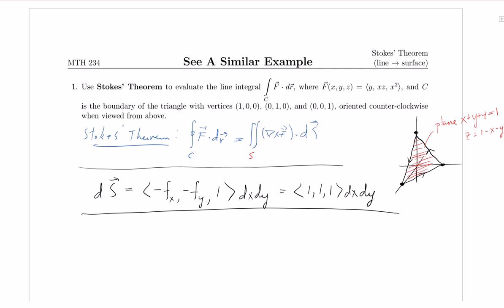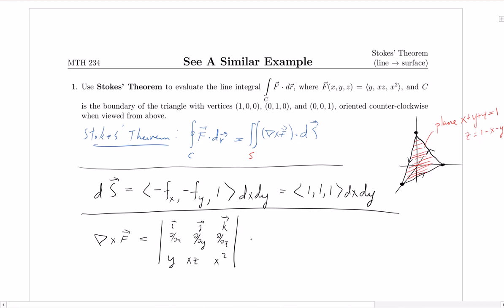Now, we still need to compute the curl of F before we can do this integral. So we'll use our 3×3 determinant, put the partial derivatives here, and put F as the bottom row.